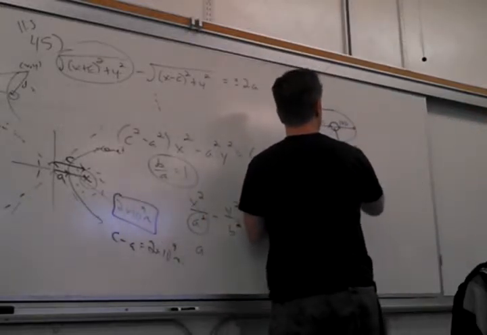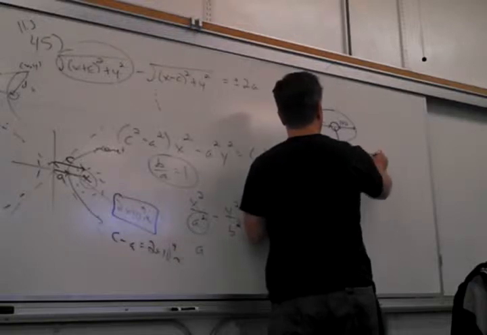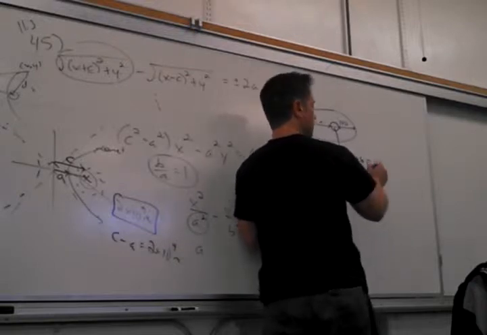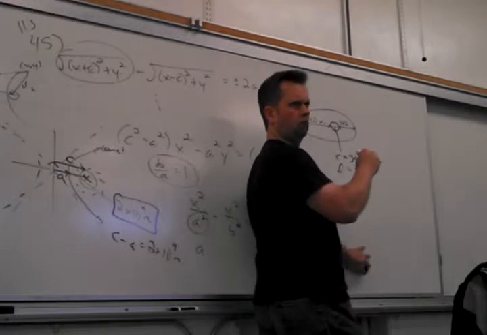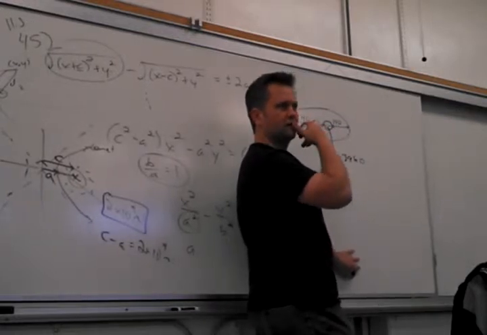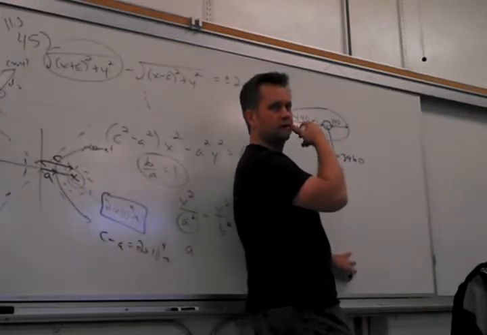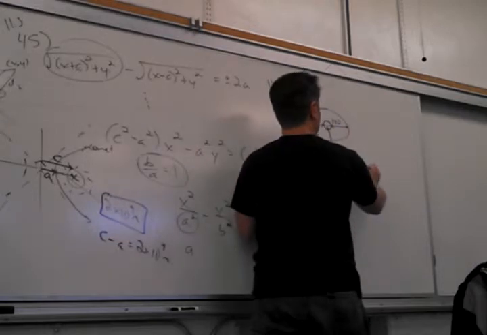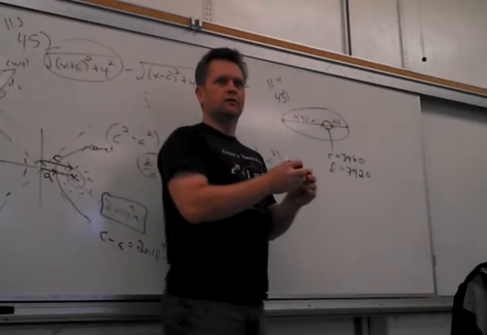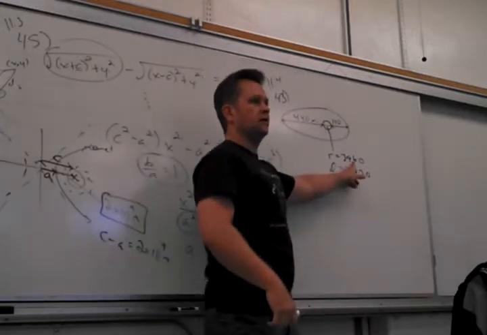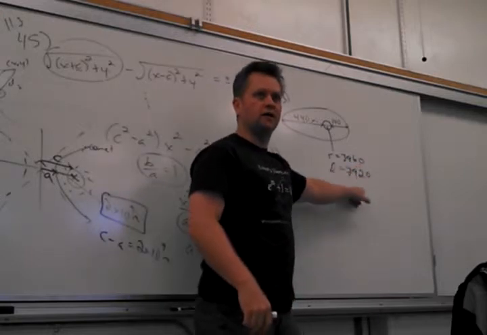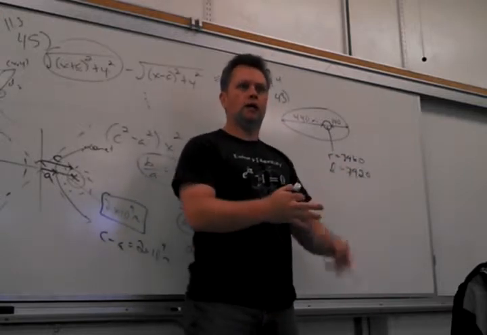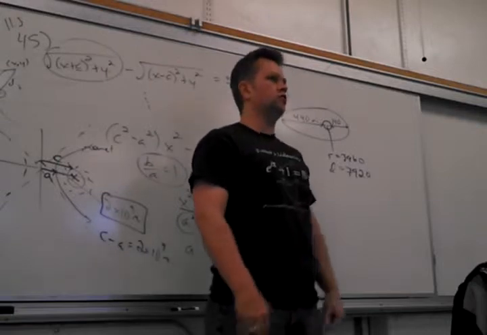So the radius is 3960, so the diameter is twice that. So what's that? 4,000 is 8,000, minus 240 is 7920. Okay.